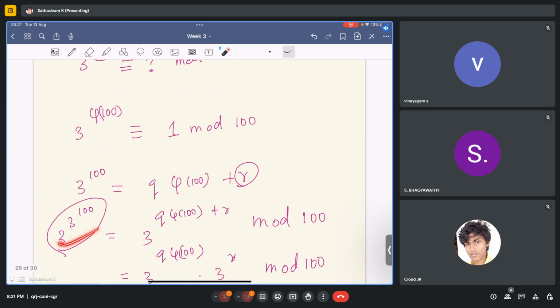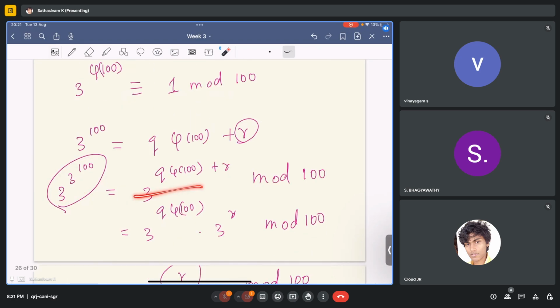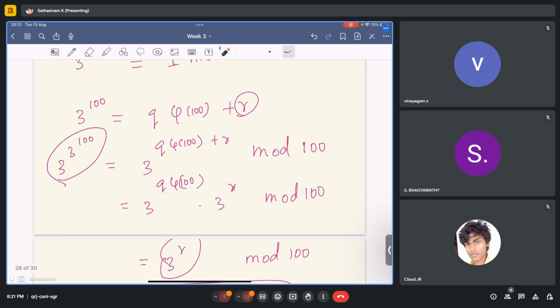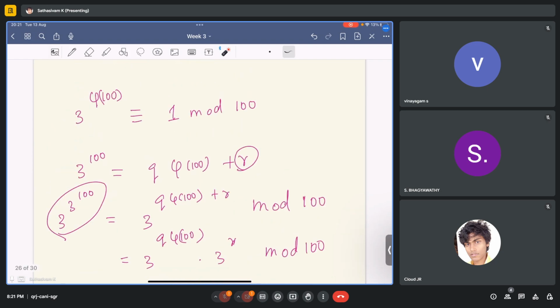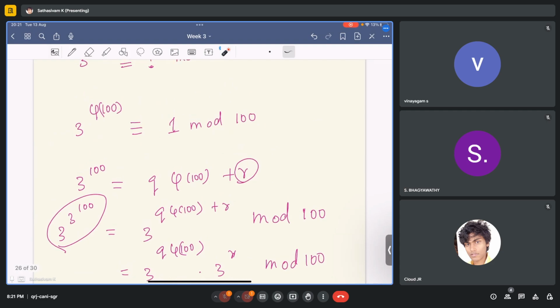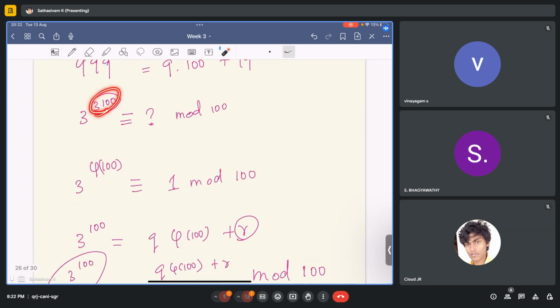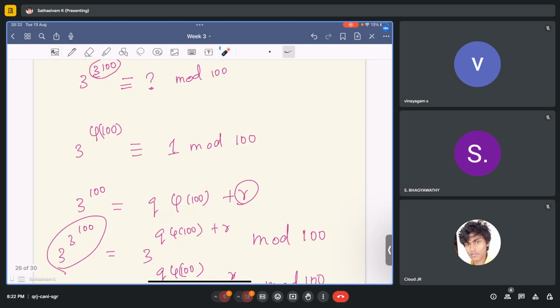Okay. So if you write it down by quotient and remainder, we get a 3 power r. Whatever the remainder we get, that is what we have. Because 3 power phi of 100, we know it's congruent to 1. So let's write 3 power 100, which is the term above, as a quotient times 3 power phi of 100 plus remainder.